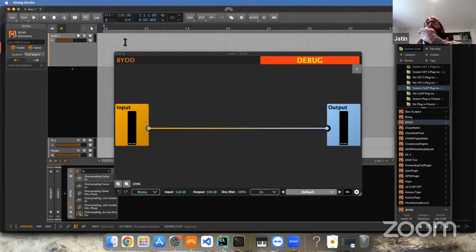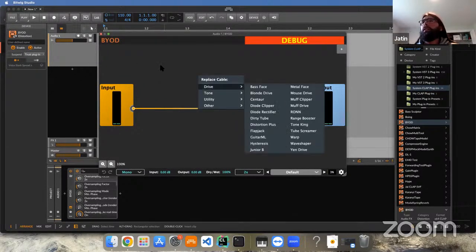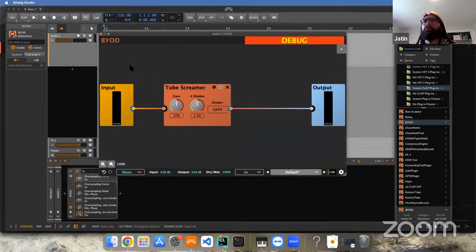So this is a debug build of BYOD from the other day. And I think the first thing I did this with was the tube screamer. This is a circuit model of the drive stage from the tube screamer pedals, not the whole pedals, just the drive stage.